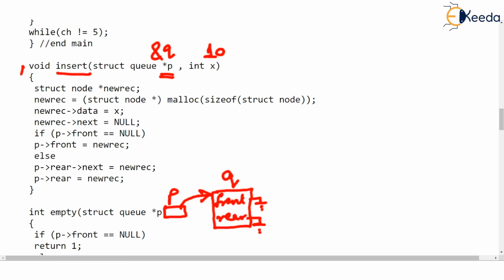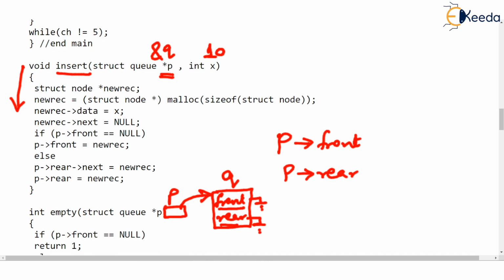Now, in this function insert, I can refer to this front pointer with the notation p arrow front. And I can refer to this rear pointer with the notation p arrow rear.